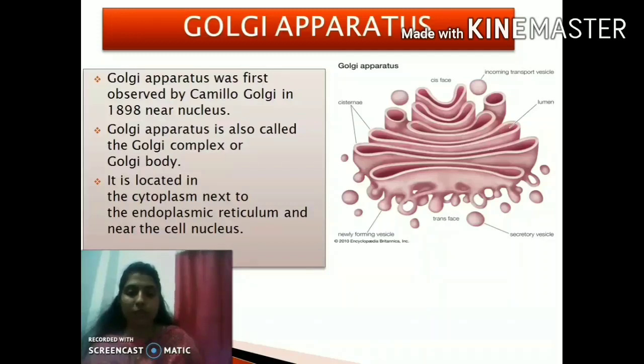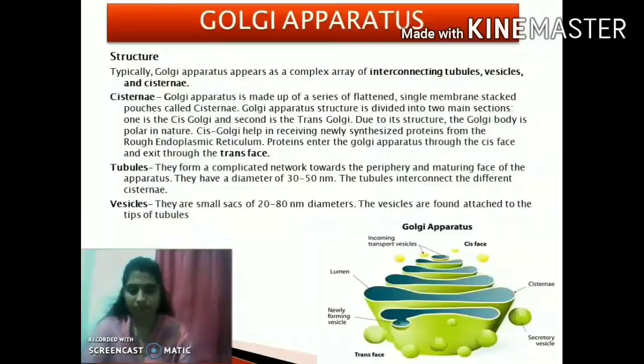Please remember this. Okay, and it is located in the cytoplasm next to the endoplasmic reticulum and the nucleus. So all of you have seen the exact position of the endoplasmic reticulum, right? Just beside the nucleus. So the Golgi is actually present in an area of the cytoplasm of the cell just beside the endoplasmic reticulum.